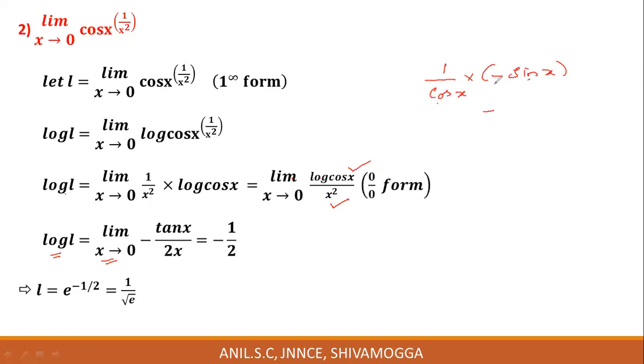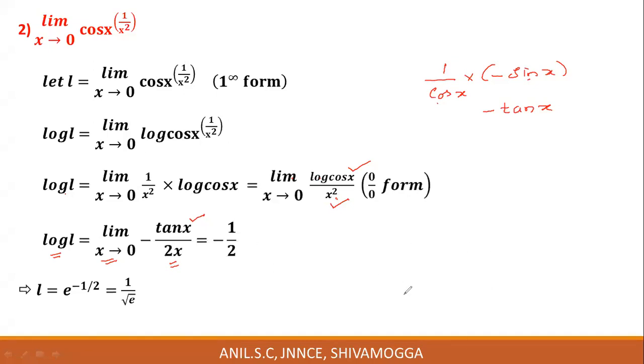Therefore, minus sin x divided by cos x is minus tan x. Numerator is minus tan x divided by derivative of x square. Derivative of x square is 2x.